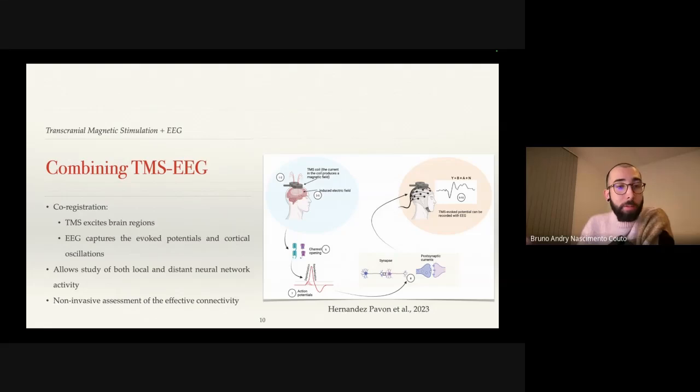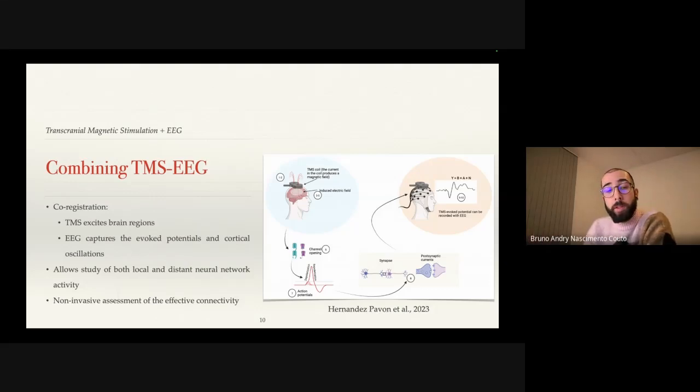Why would you like to combine the two, or how can you do that? So basically, you have a tool that allows you to excite different brain regions, and you have another tool that allows you to capture evoked potentials and cortical oscillations in general. So why not combine the two of them?